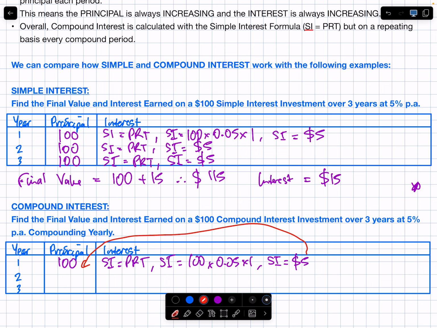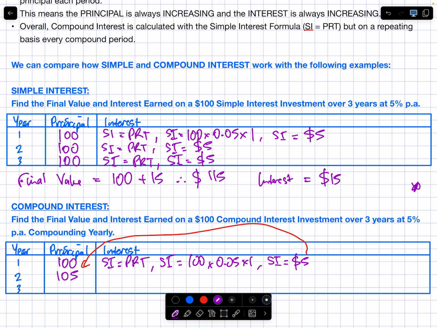So what's the principal going to be now in year 2? Is it still going to be 100? It's going to be 105. Do you agree that 5% of 105 is going to be more than $5 now? So it compounds, it builds slightly. But remember that after the first year, it's built slightly, and in the third year, it's going to be 5% of that 5% of that 5%.